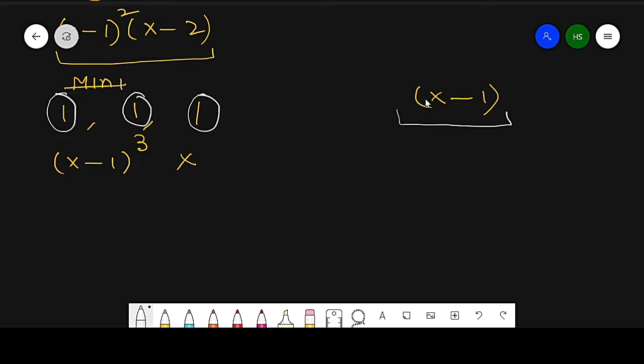These are the basic ideas to understand the minimal polynomial. So the minimal polynomial is the polynomial of minimum degree which has the same roots as that equation.